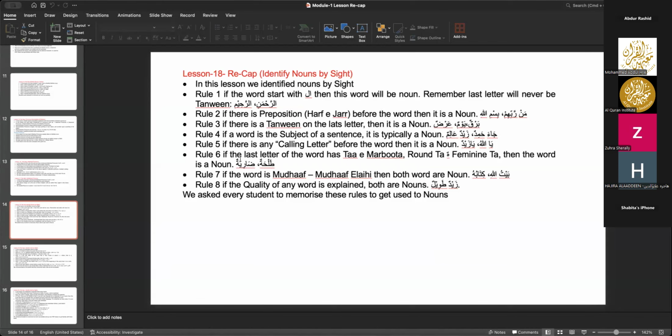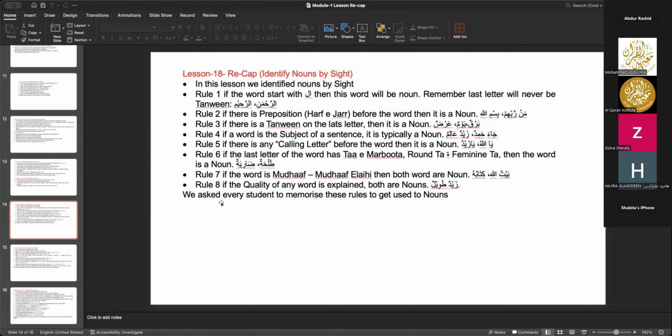Rule number 6, if the last letter of the word has ta marbuta, round ta, feminine ta, then the word is a noun. Rule number 7, mudaf ilayhi, then both of the words are nouns. Rule number 8, if the quality of any word is explained, both are nouns.